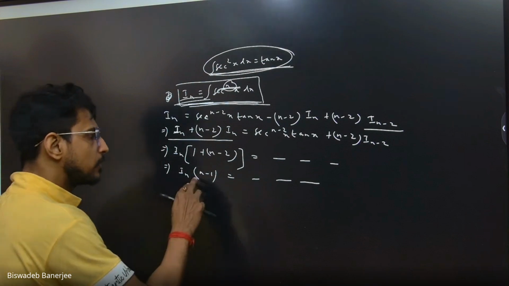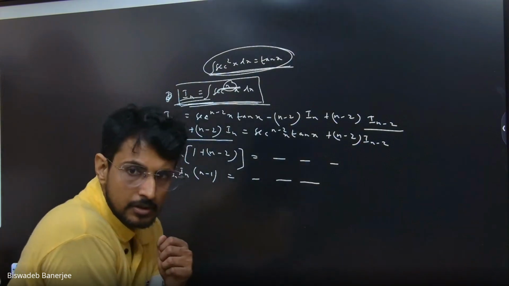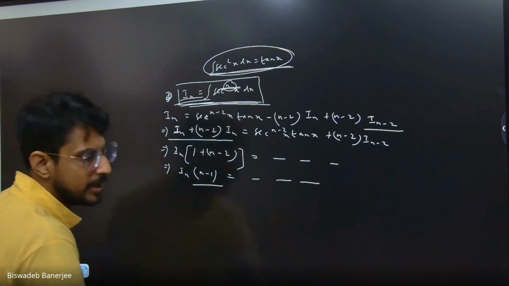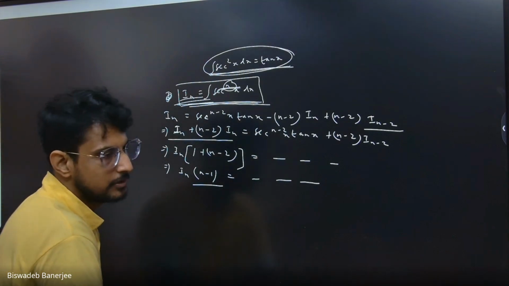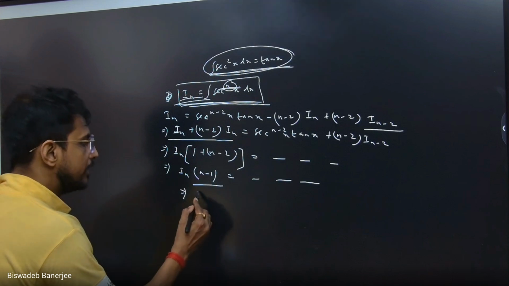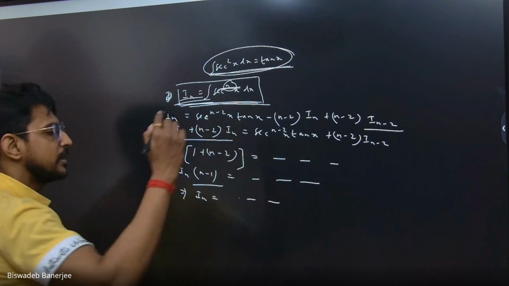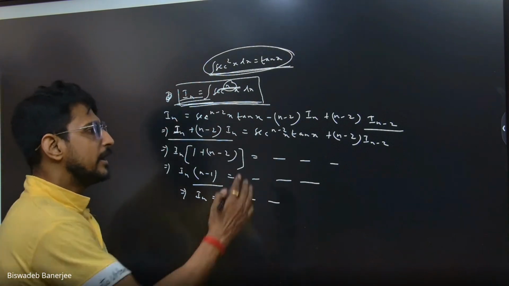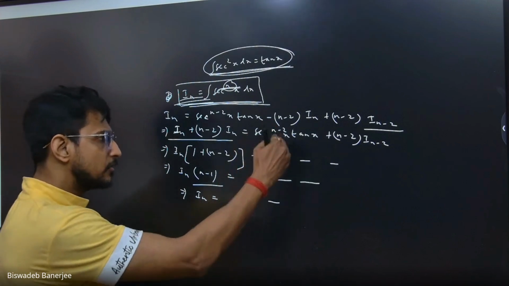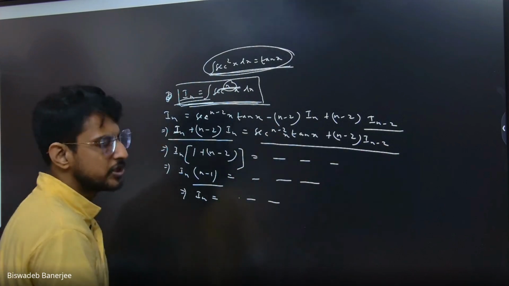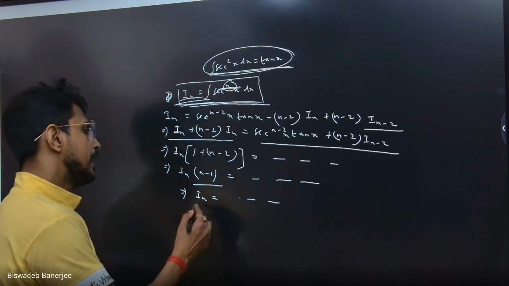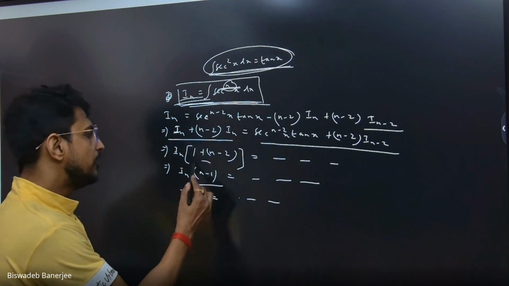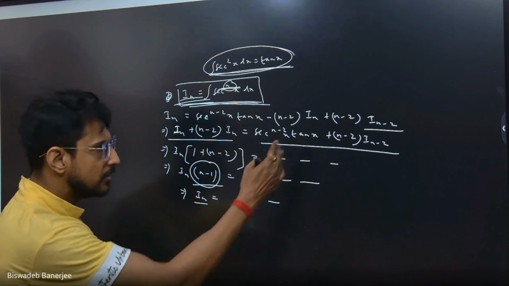And finally, divide both sides by n minus 1, just like the first question. You shall get the form of In. So there is my another reduction formula. You can easily do this. Our right hand side is always this. There is no change in the right hand side. And finally, my In divided by n minus 1 gives the right hand side.